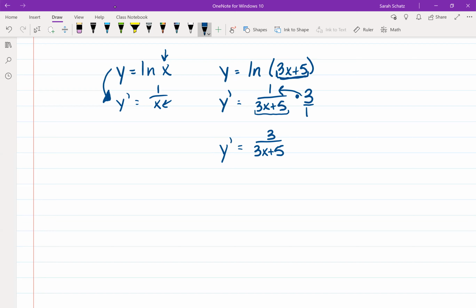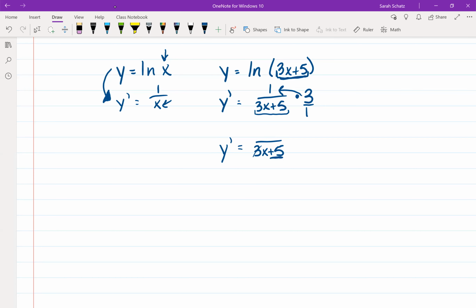And just a quick note of warning, you're going to have a lot of answers in your work that are fractions with something on top and something on the bottom. Even though there's a 3 on top and a 3 on bottom, remember that you cannot cancel these out, right? That is not how that works, because you have more than one thing down here connected with a plus or minus.